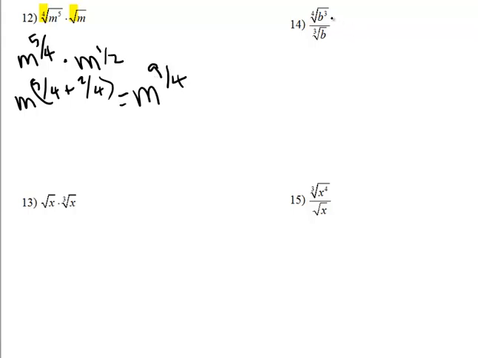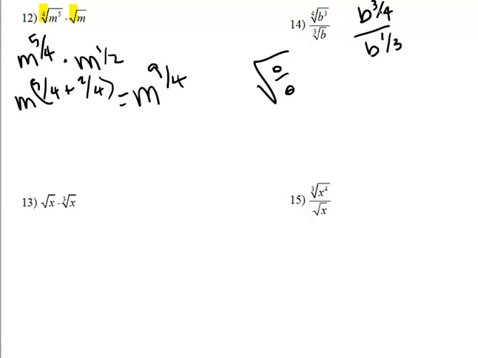Here again, and we've talked about this, if they had the same index, I could just throw them all over one big radical. But in this case, I can't, so I have to deal with it this way. So I have b to the 3/4 over b to the 1/3.